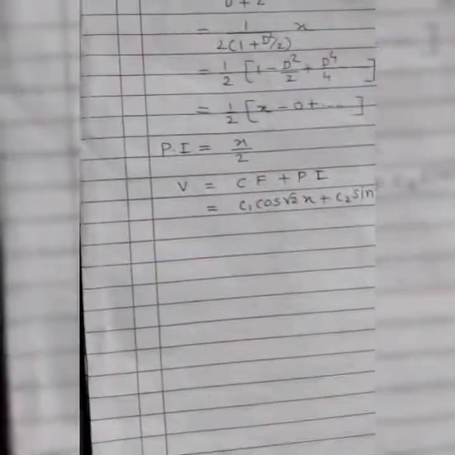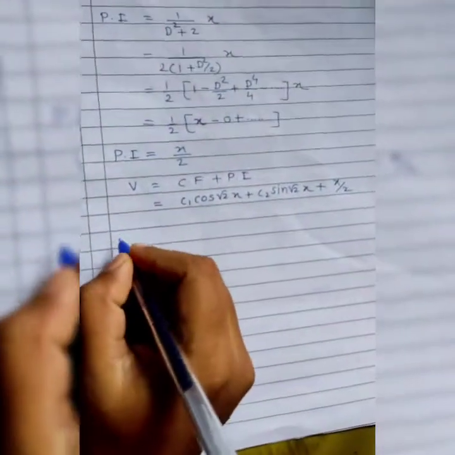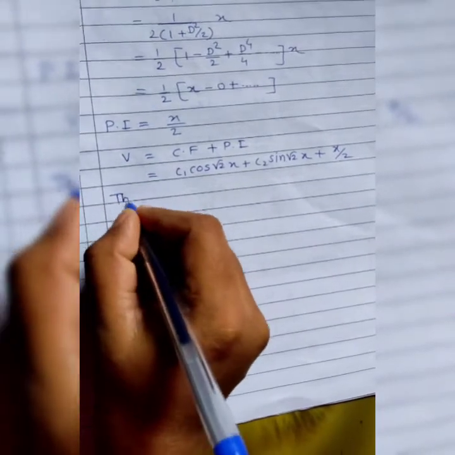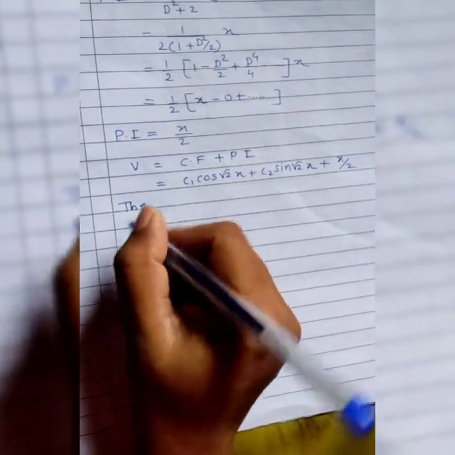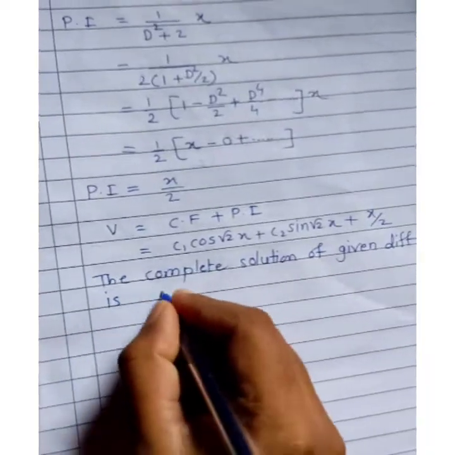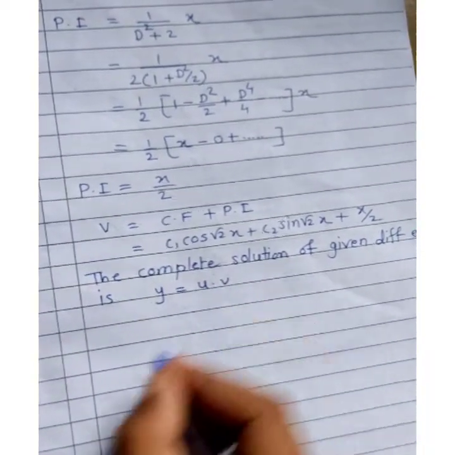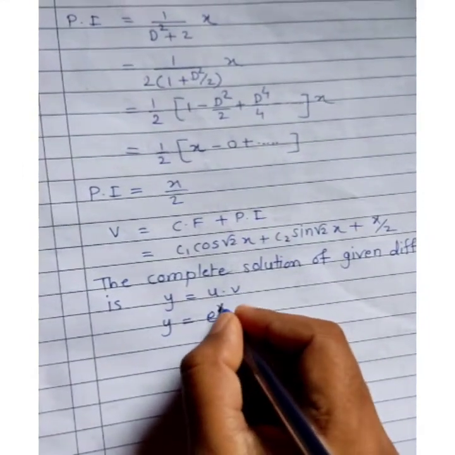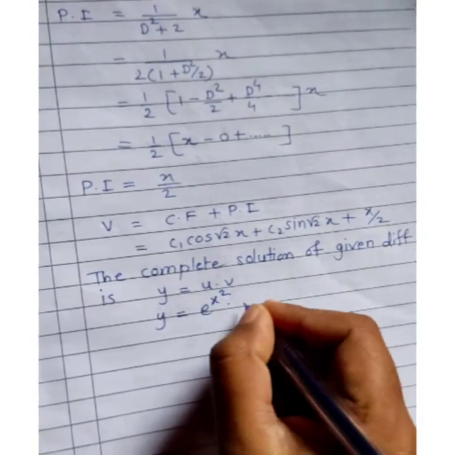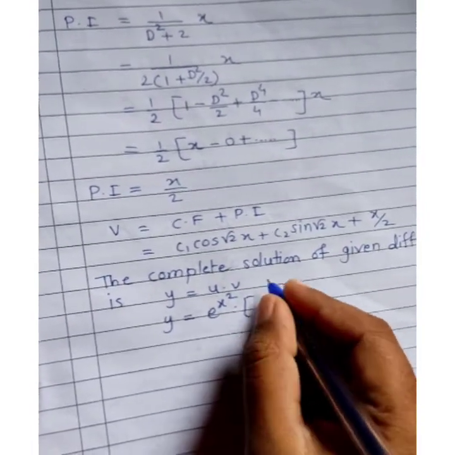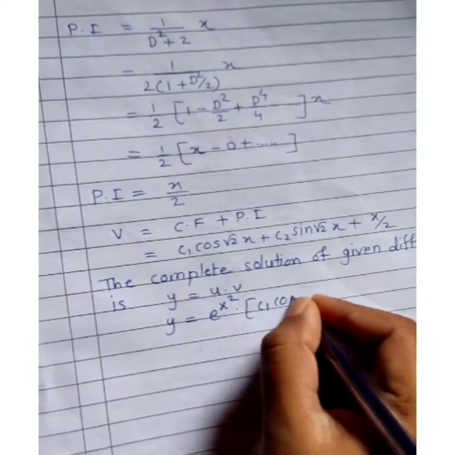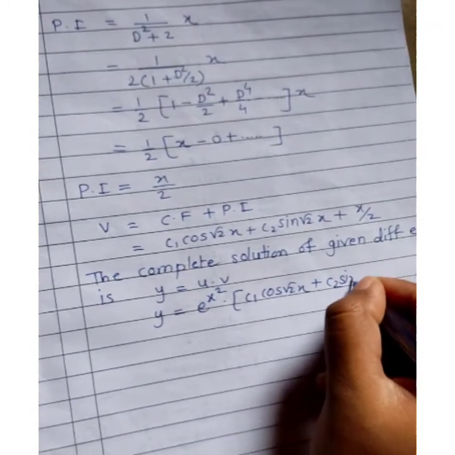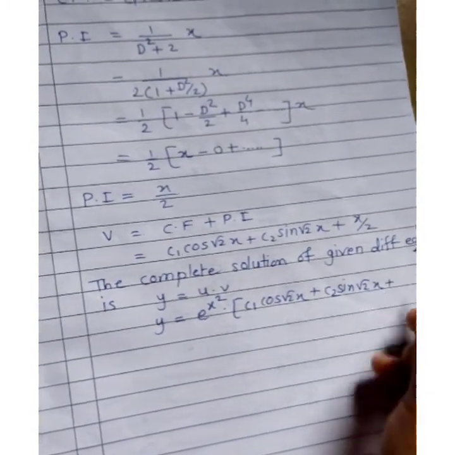Now we get value of u as well as value of v. So final solution, that is complete solution of given differential equation, is y is equal to value of u is e raised to x square into v is equal to c1 cos root 2x plus c2 sin root 2x plus x by 2.